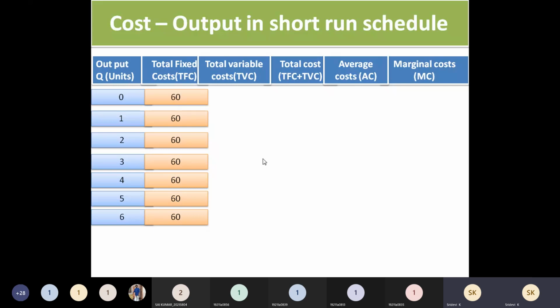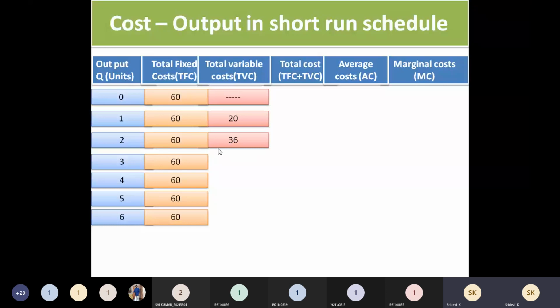And coming to the total variable cost, there won't be any total variable cost when there is no production, right? So it is shown as nil by indicating with a dash. At 1 unit, suppose it is incurred, total variable cost is 20. It will be increasing along with the production. Let us increase them.